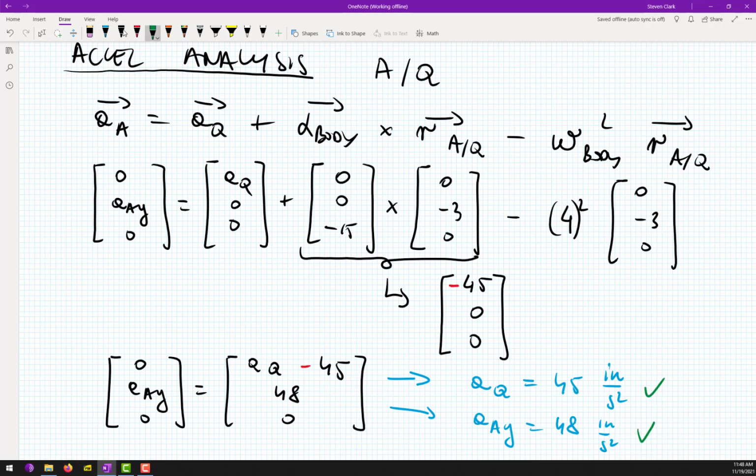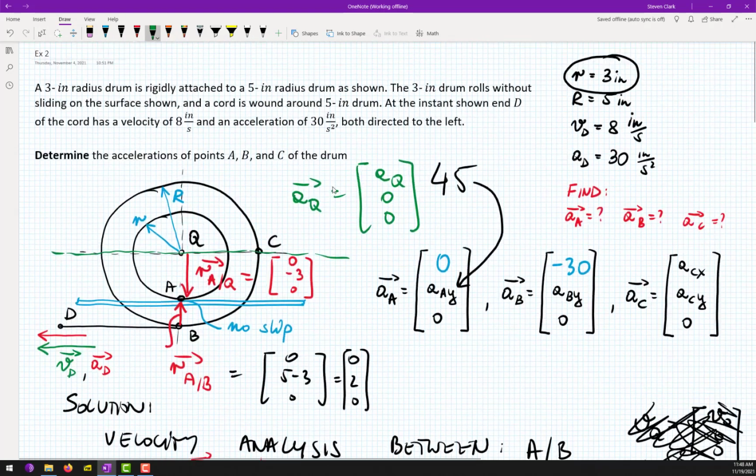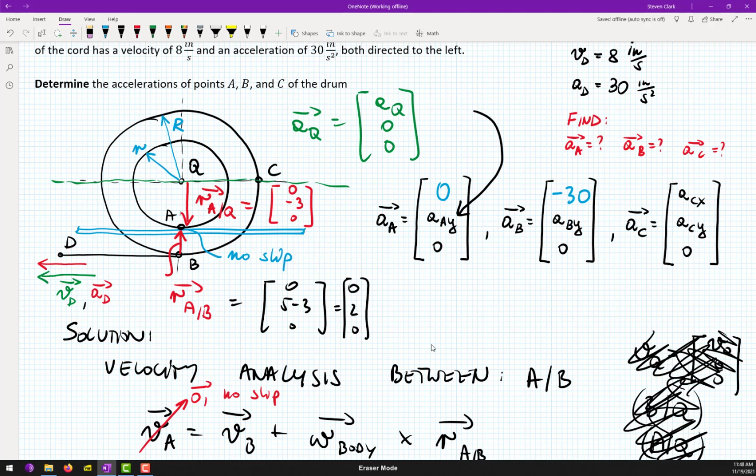I didn't mean to say 45 earlier. I meant to say 48. Sorry. But you also didn't correct me, so it's also your fault, and your fault as well, Josh. So we found this value. Okay, sorry guys, this one will be 48, which makes sense because it must be pointing upwards. It has to have centrifugal acceleration.